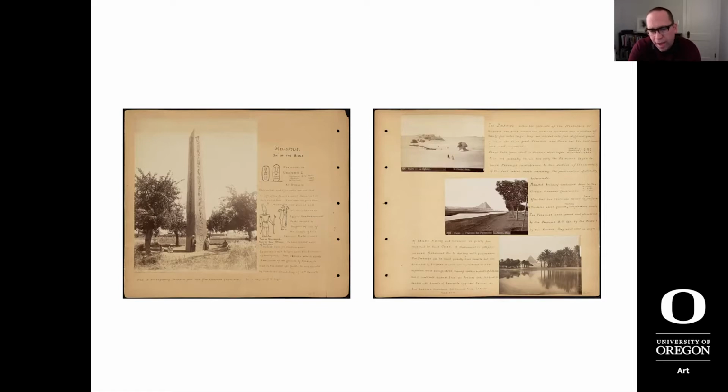And what I found in research at several museums was that certain of these types of travel albums from the 19th century had a more complicated history to them than what I would have imagined. In fact, what we're looking at here are pages from an album where the images are made by professionals, as would have been the case in the 19th century.